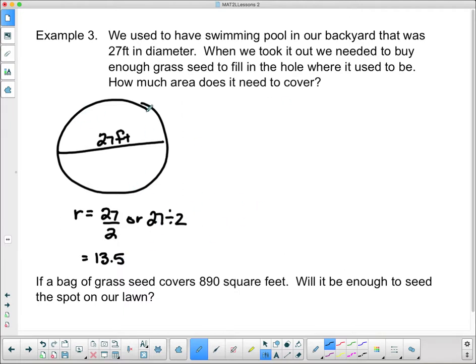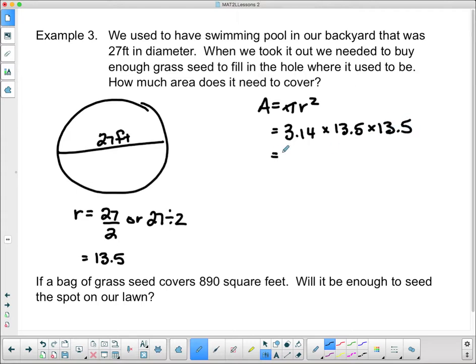So now this says how much area does it need to cover. So we need the area formula. Area equals pi r squared. Now remember, pi is 3.14, and r squared means we multiply by r twice. So this is our r, 3.14 times 13.5 times 13.5.